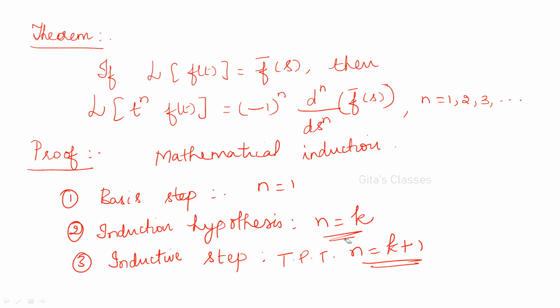Assume that the result is true for n is equal to k. Then if you can prove like this, then by mathematical induction we can conclude that the result is true for all the values of n, all the positive integers n. Okay. So first is basis of induction. So we have to prove the result for n is equal to 1.